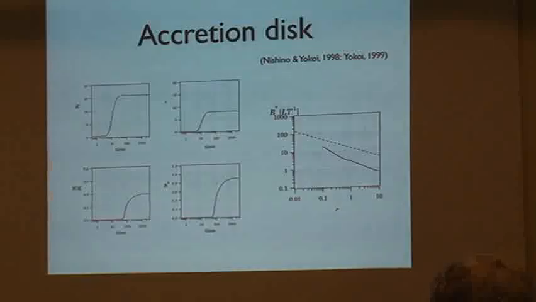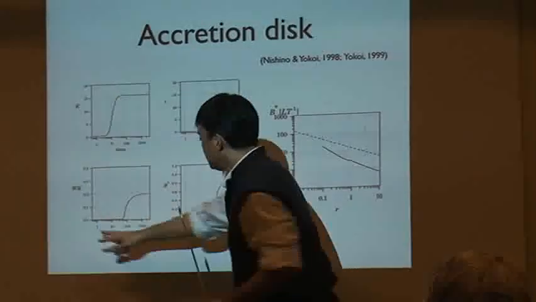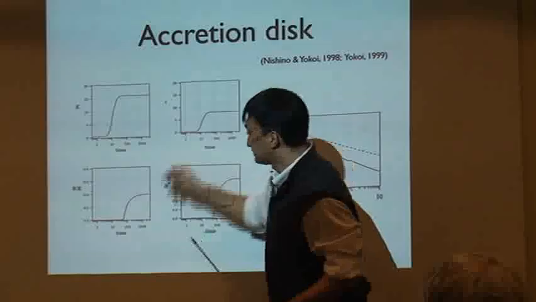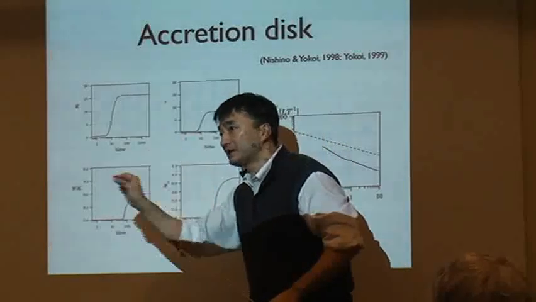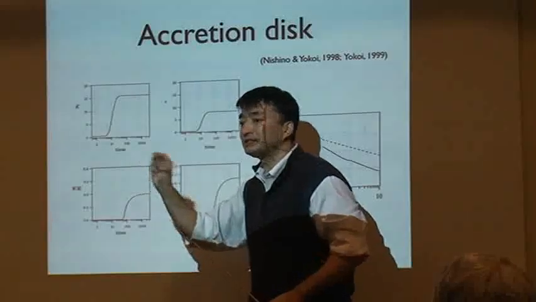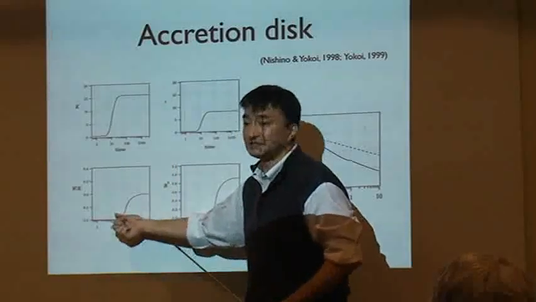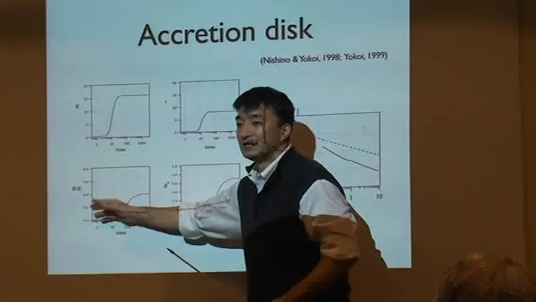The other one is the accretion disk, also from a very long time ago. In this case, we consider Keplerian rotation of the disk. This is time, and first we give a very small seed of cross-helicity, if I'm not wrong.